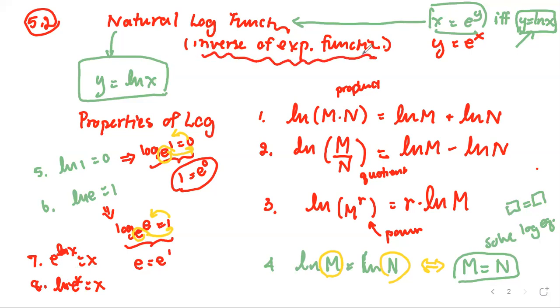So e to the power log x is x, or log of e to the x is x. You can see that e and log cancel each other out. So these two are called the use of the cancellation law. And these two are by definition.